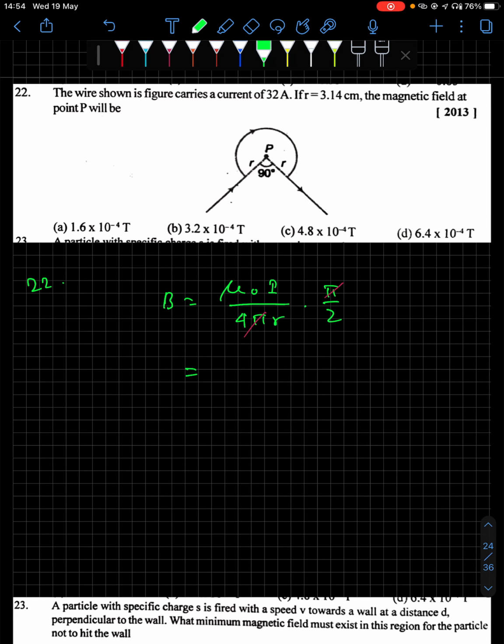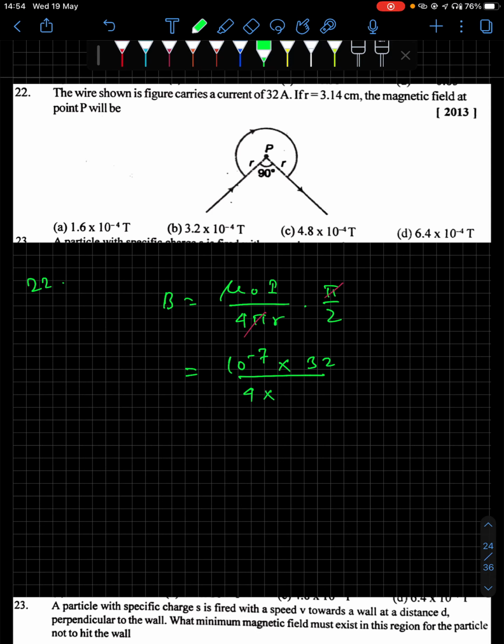Mu naught, what is the value? Mu naught value is 10 to the power minus 7 into current value is 32 divided by 4 into radius. So what is the radius value?